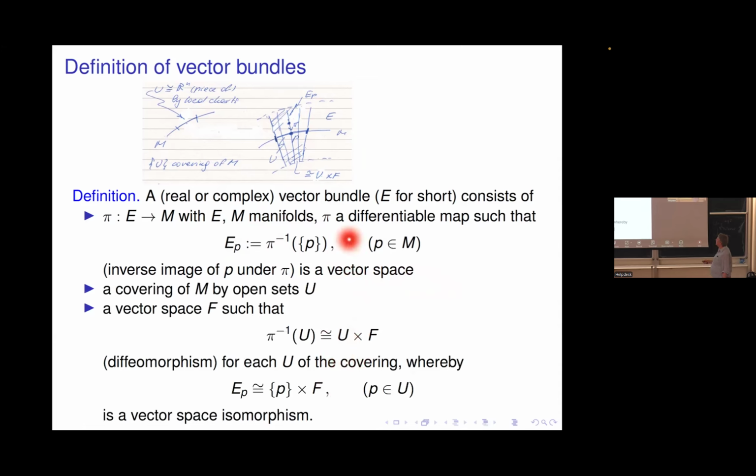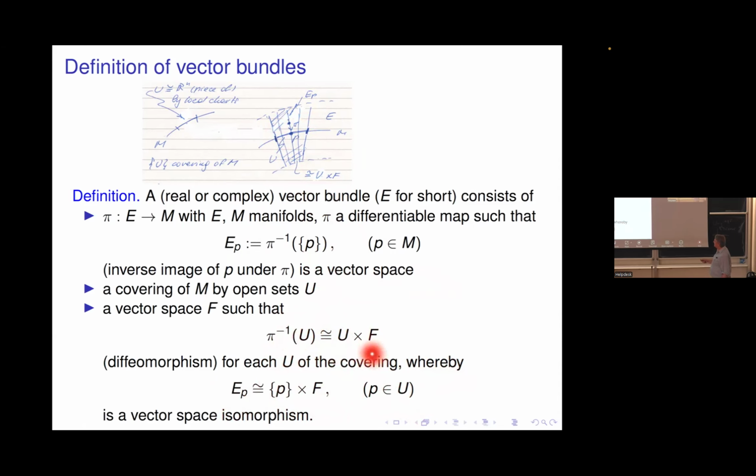And so if you just restrict yourself to a neighborhood U there and look at the inverse image there, it's diffeomorphic to U times F. And by this, when you look at a single point p and just look at the image of that, we said that has to be a vector space.